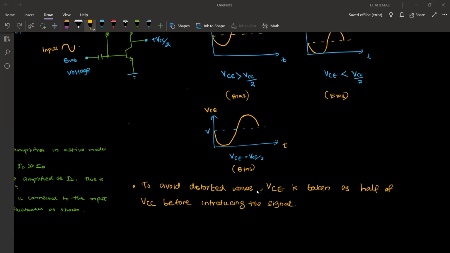Once you have completed, and now here we used several capacitors, right? C1, C2, C3 capacitors. Now let's look at the purpose of those capacitors.